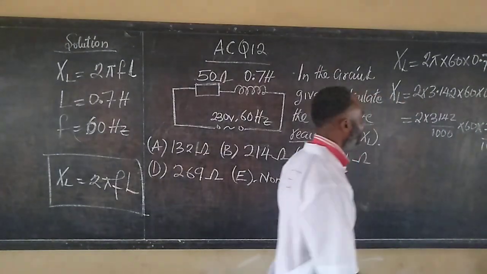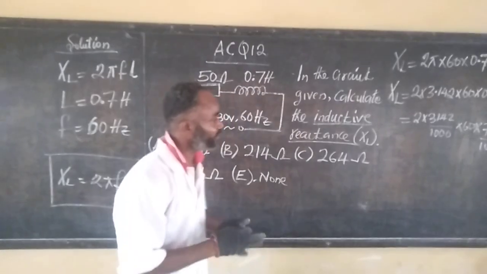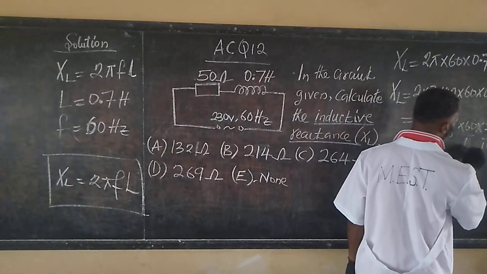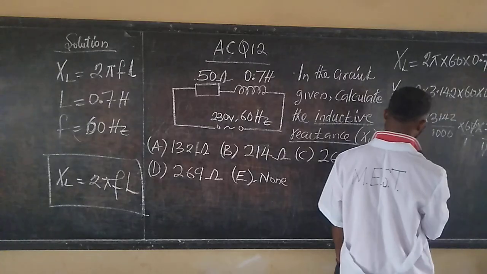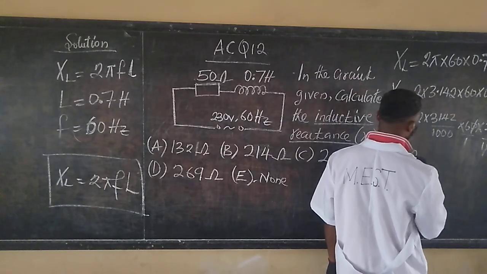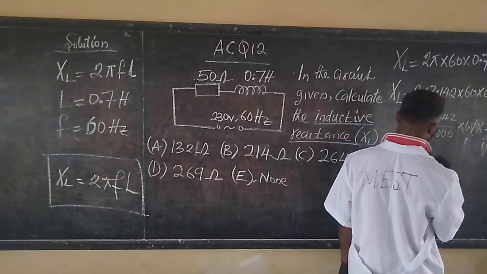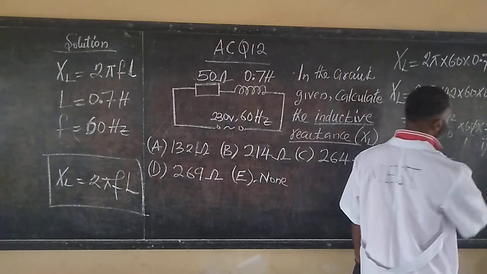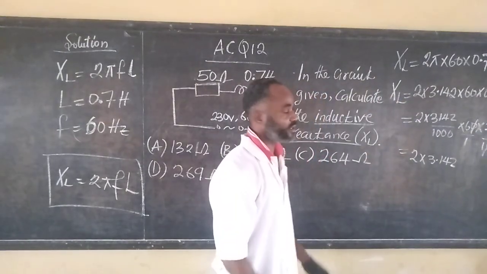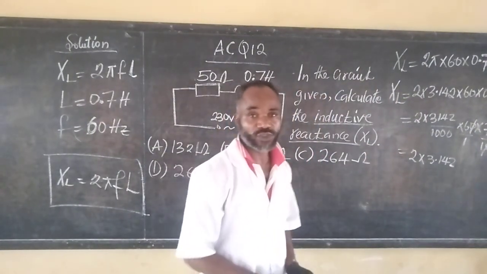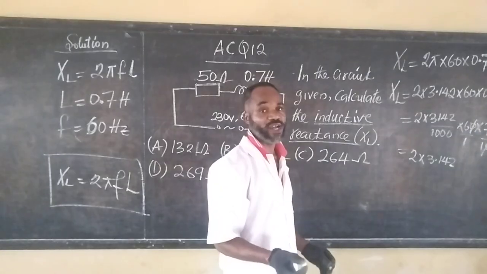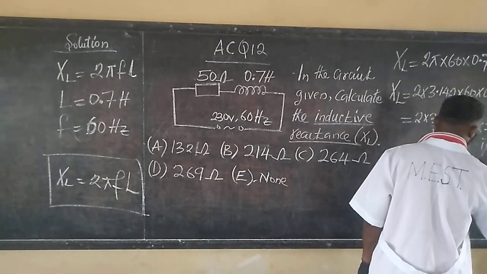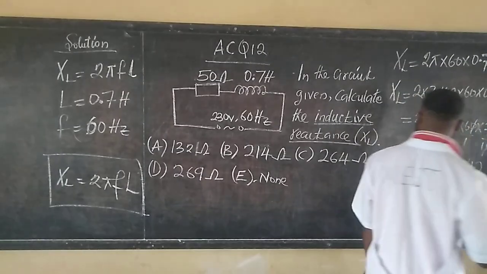I'm just solving without using a calculator. The 10 can cancel with the 60, and we have 2 times 3.142 times 6 times 7. 6 times 7 is 42, because 7 times 5 is 35 plus another 7 is 42. So we have 2 times 3.142 times 42.